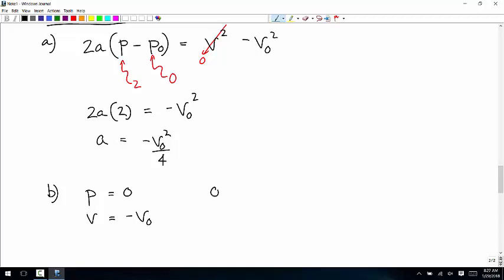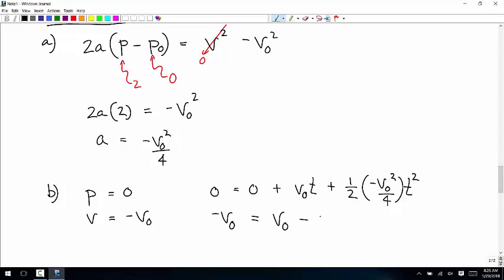With this one, you could say 0 is equal to 0 plus v0t plus 1/2 times negative v0 squared over 4 t squared. Solve for t. You can just factor out a t. Or you can use the fact that negative v0 is equal to positive v0 minus v0 squared over 4t.